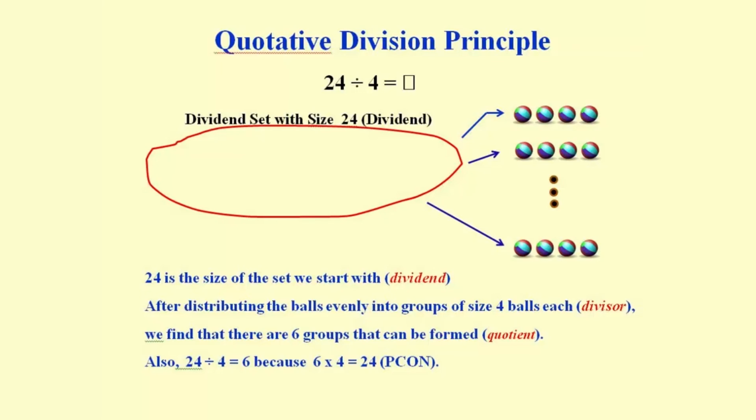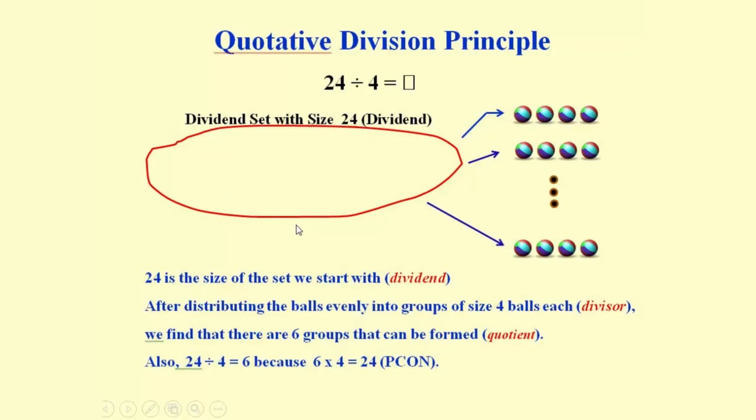And of course, in this case, the size of the objects left in the dividend would either have to be none, 1, 2, or 3. If there was a group of 4 balls still left in here, I could pull that out and form another group. So the remainder is going to be smaller than the divisor 4. Remainder is going to be 1, 2, or 3, and that's going to be the case whether it's partitive division or quotative division. Always going to be smaller than the divisor.